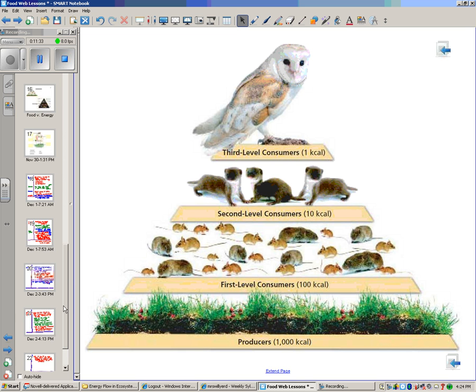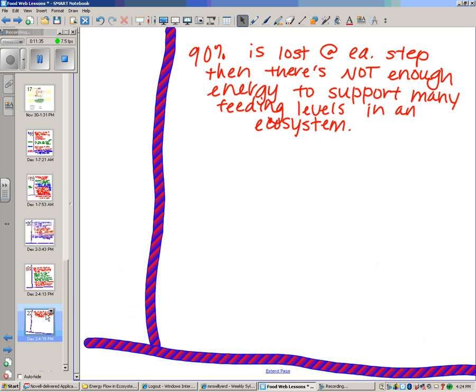So you need to answer that type of question. Like, why are there so few organisms at the top of the energy pyramid? So over to the right or to the left of your line, you can say reason for fewer organisms at the top of the pyramid.